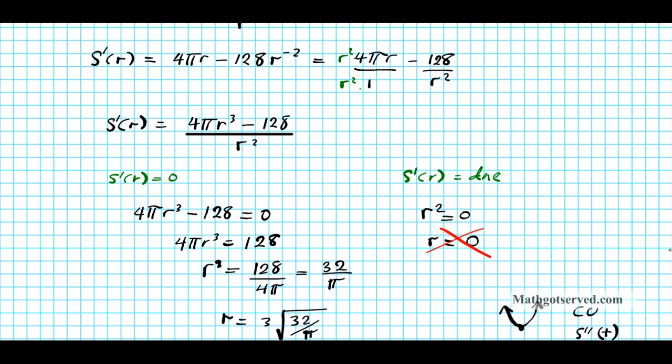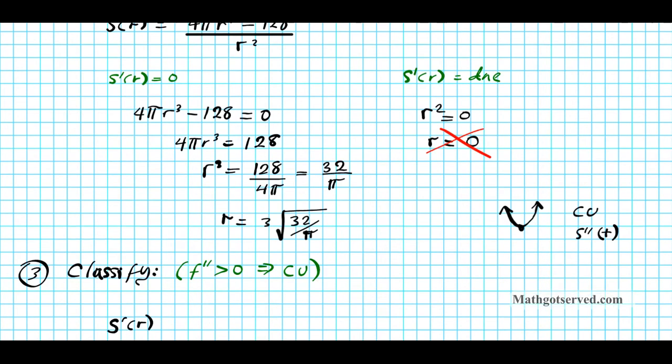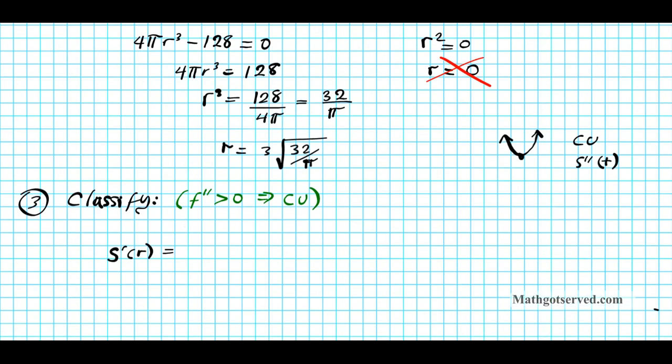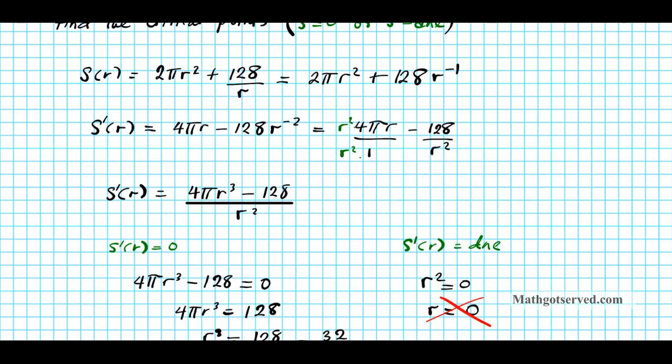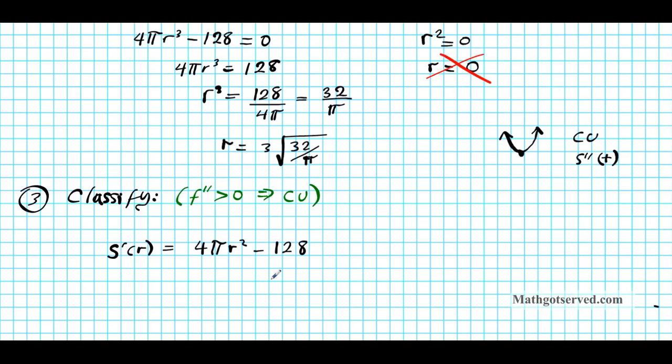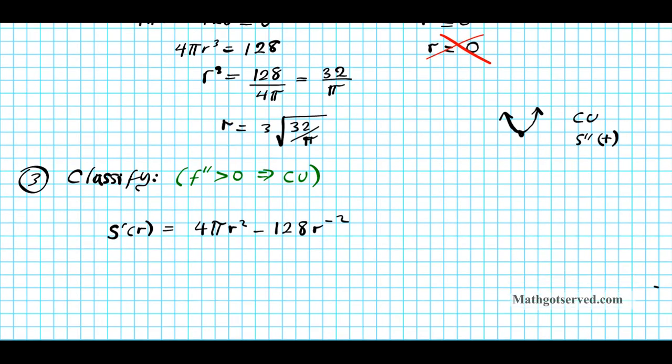So it's going to be 4 pi r squared minus 128 r to the negative 2, actually just 4 pi r, so 4 pi r minus 128 r to the negative 2.